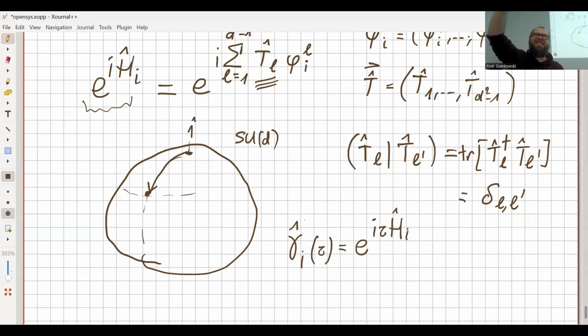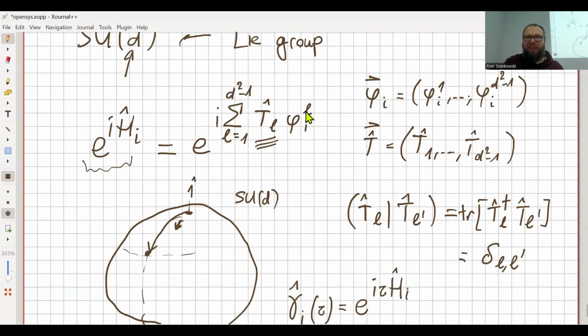So you go along this meridian. It's like a straight line on the sphere because this generator, this vector here, points in one direction all the time, right? So you just go straight to the end.